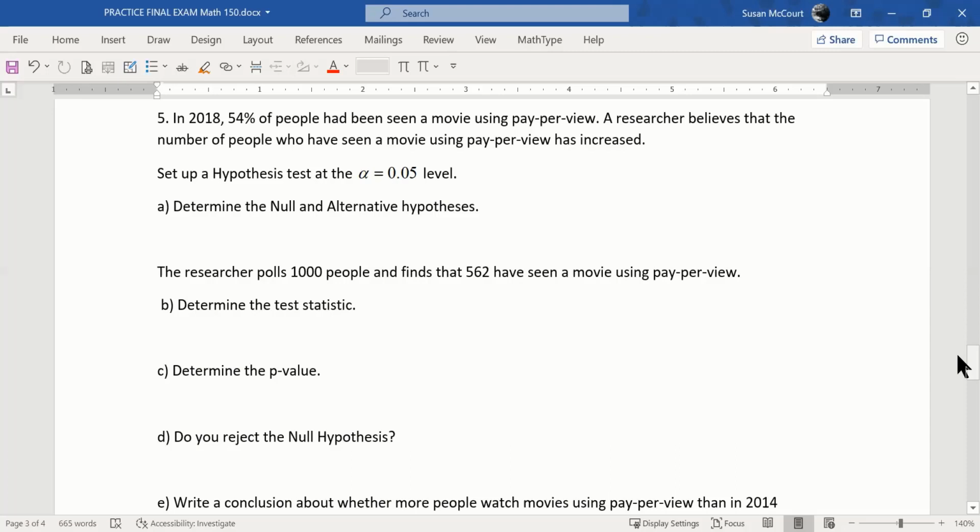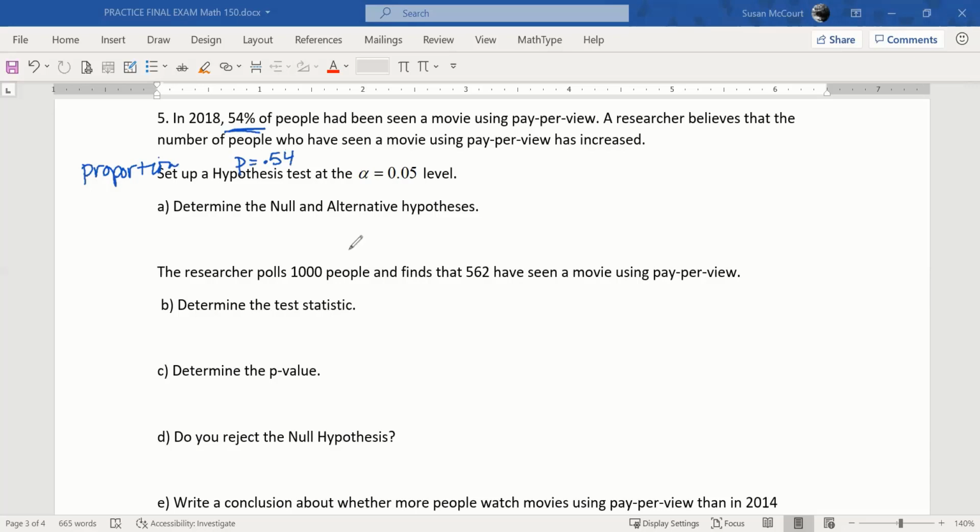So the first thing it says is figure out first, is it a hypothesis test for the proportion or is it a hypothesis test for the mean? We do not see the word mean anywhere, and we see a percent. So that tells us it's a proportion. So we have a proportion, and we have P equals 0.54.